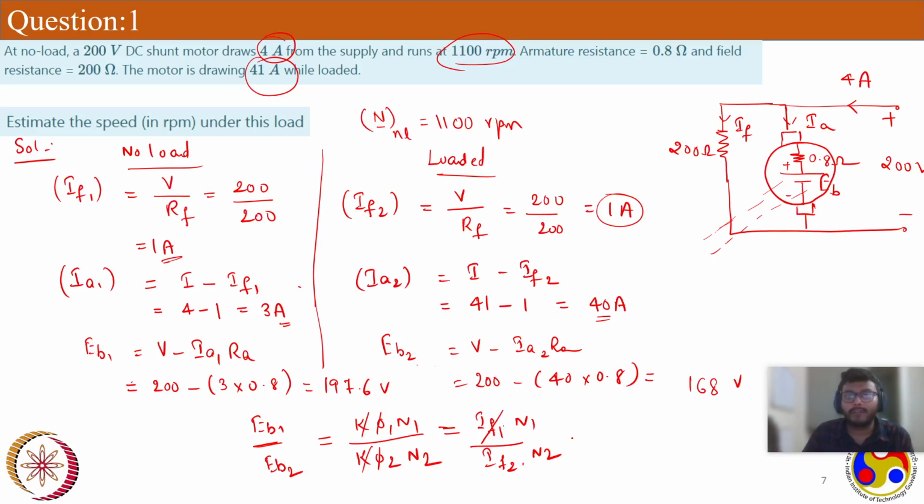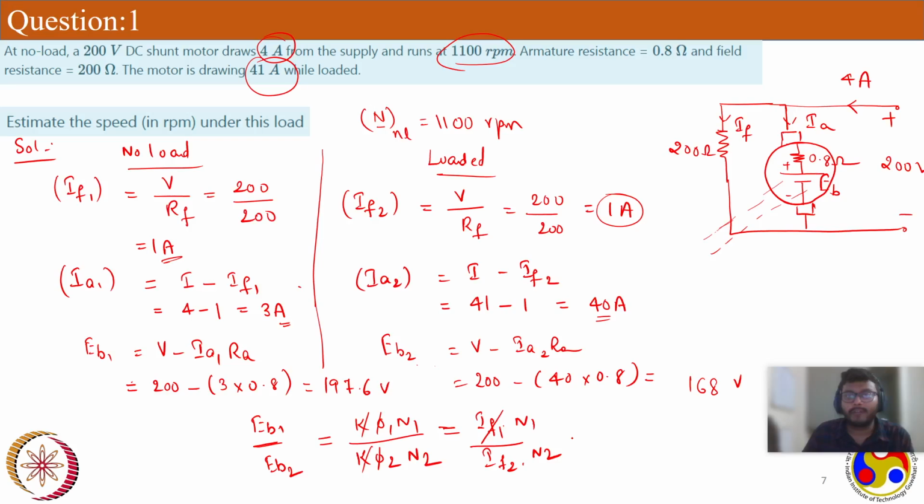Same equation. VA Ia, 200 multiplied by what is IA here? Armature current in loaded condition, 40. Please don't make mistakes like using the no load condition here. You have to make sure what currents you are using. Minus IA square into RA, minus rotational, that is 592.8.